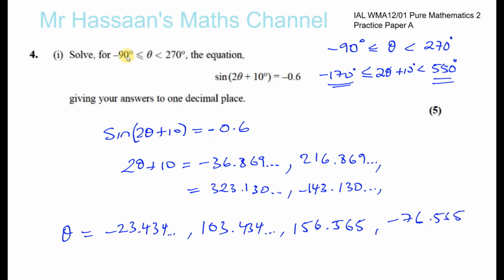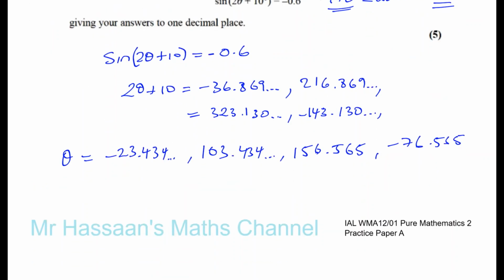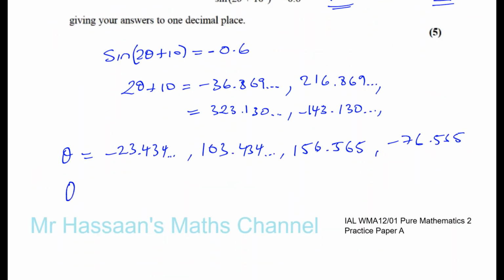So now I just need to write my answers to 1 decimal place. I'll start with the lowest, which is minus 76.6. Then the next is minus 23.4.